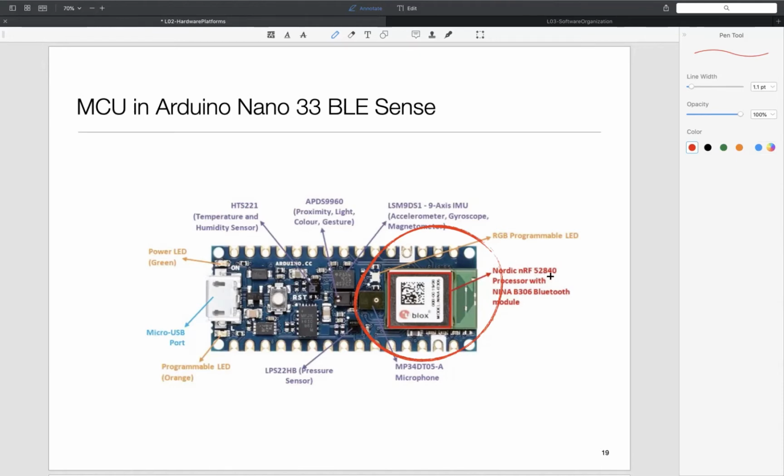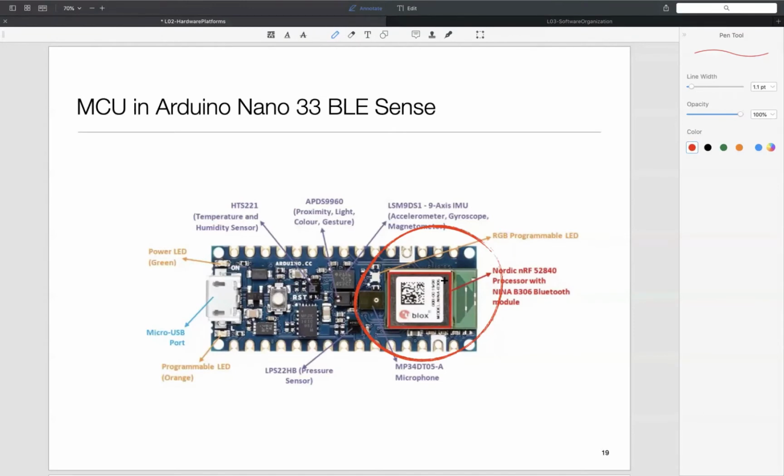In this particular case, a processor called 52840, and it is together with a Bluetooth stack that this company u-blox has created. And then on this little board, there is also an antenna.